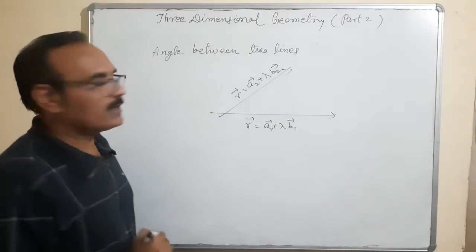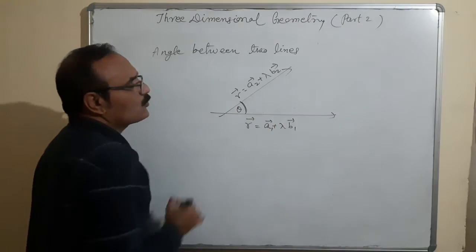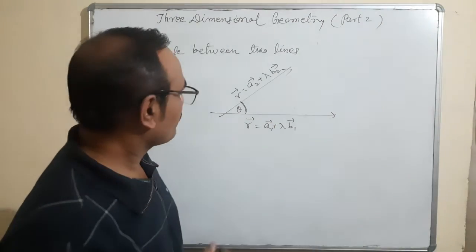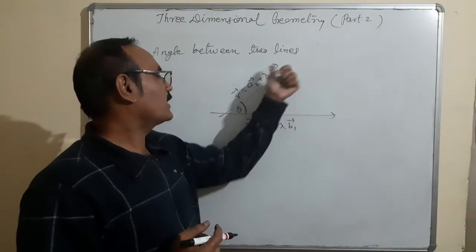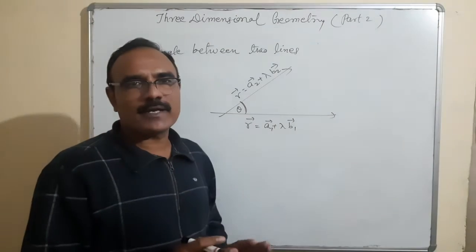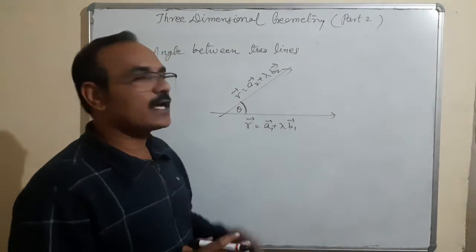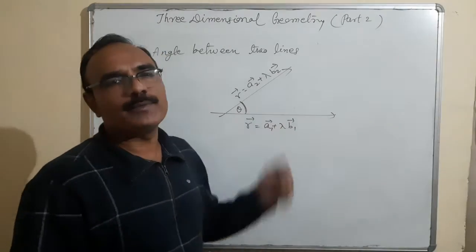Let the angle between them be theta. How to find the angle between two lines? One is passing through point A1 parallel to B1, the other through point A2 parallel to B2. Which point it passes through doesn't matter; we see that the lines are parallel to the vectors B1 and B2.